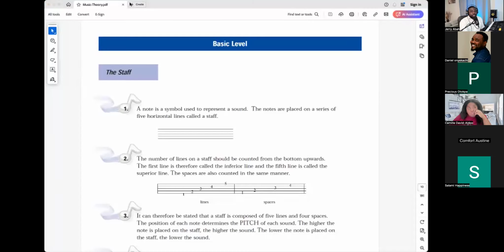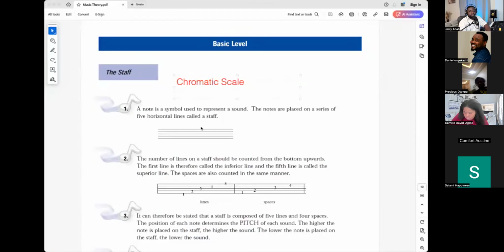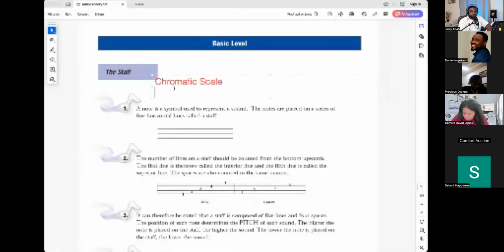Now, I would like to jump forward and talk about what we refer to in music as the chromatic scale. A chromatic scale is a scale that consists of all the notes, all the various pitches that we have in music.